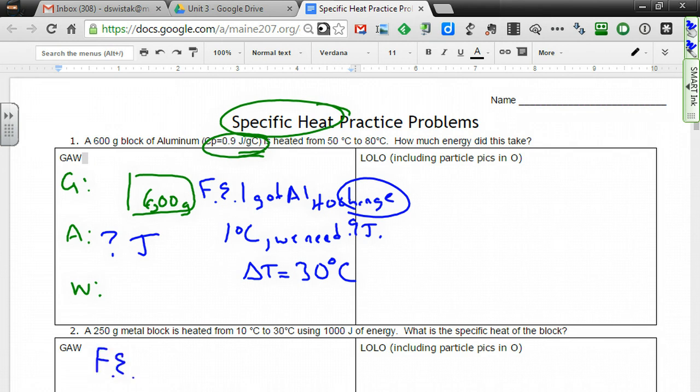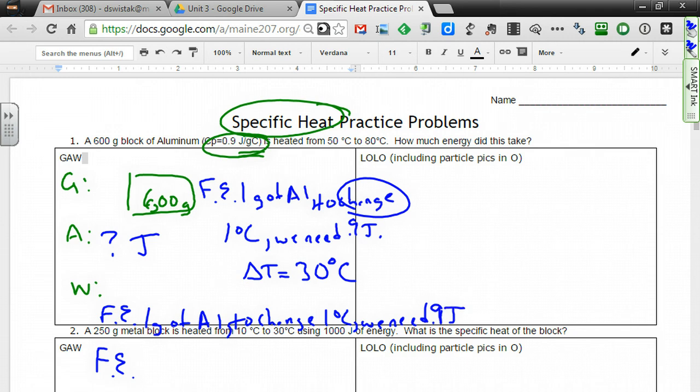For every 1 gram of aluminum to change 1 degree Celsius, we need 0.9 joules. Then down here I've got my other for every statement.